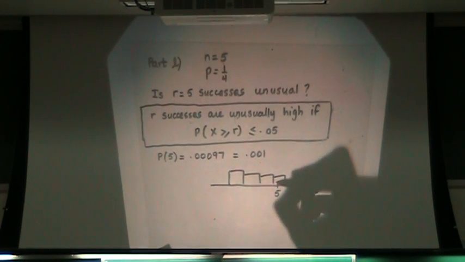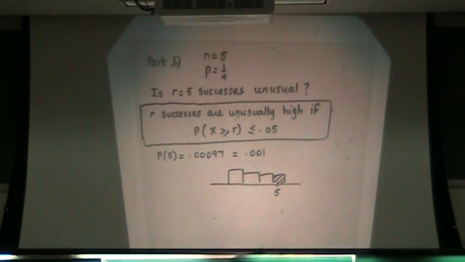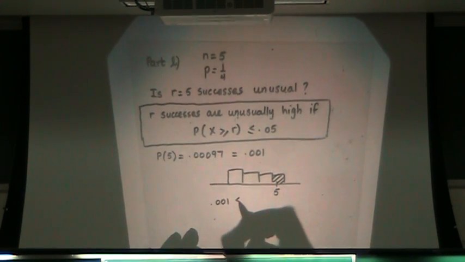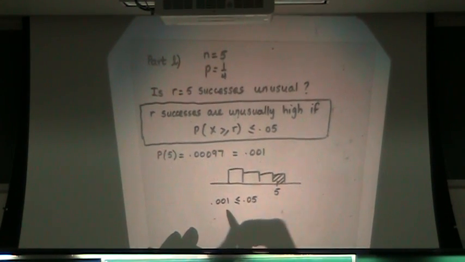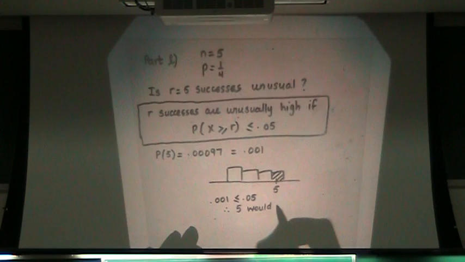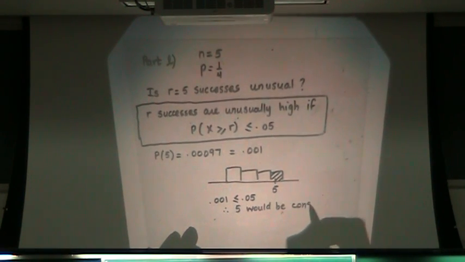So we have to take 5 and everything that comes after 5, which in this case there's nothing, right? And see if that's less than 5%. So certainly 0.001 is less than 5%. Therefore, 5 would be considered unusual.